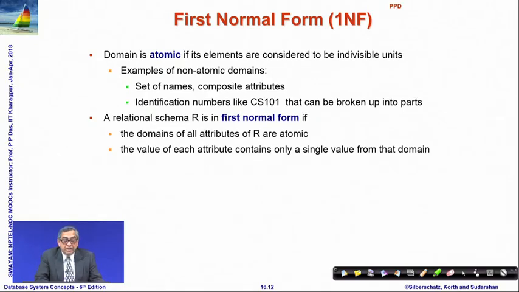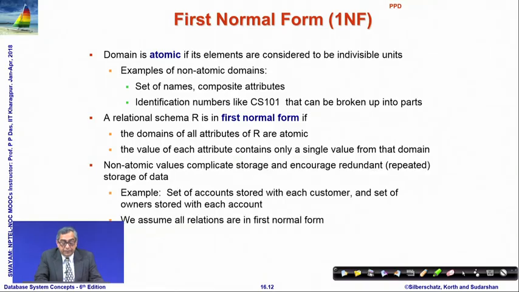We say a relational schema is in its first normal form if the domains of all attributes are atomic and all attributes are single valued, there is no multi-valued attribute. If these conditions are satisfied, then we will say that the relational schema is in its first normal form. We will slowly understand the purpose of defining such normal forms, but let us initially understand the definition.